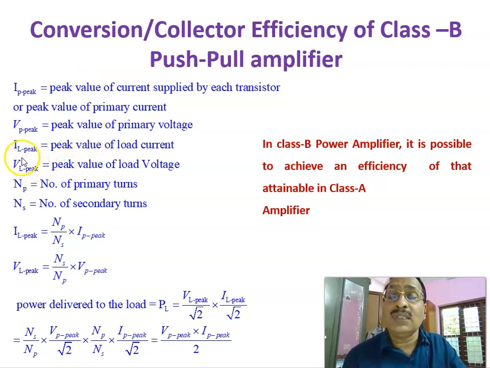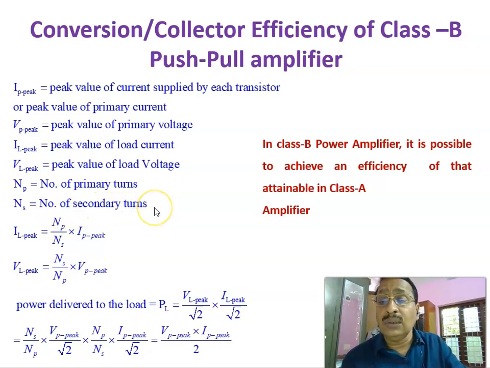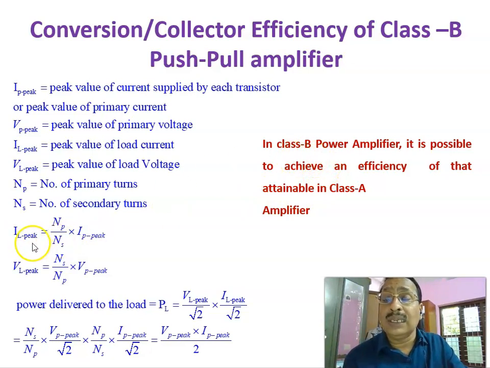And on the load side, at the secondary side you have connected a load. Therefore, the maximum value of that load current is IL peak, and VL peak is the peak value of the load voltage. Now NP is the number of turns on the primary side, and NS is the number of turns on the secondary side. Now the maximum value of the load current, IL peak, is equal to NP by NS into IP peak, the primary current peak value.